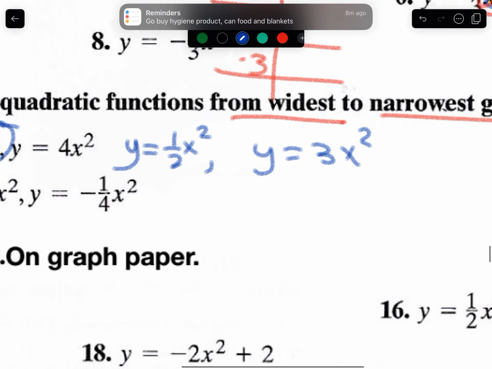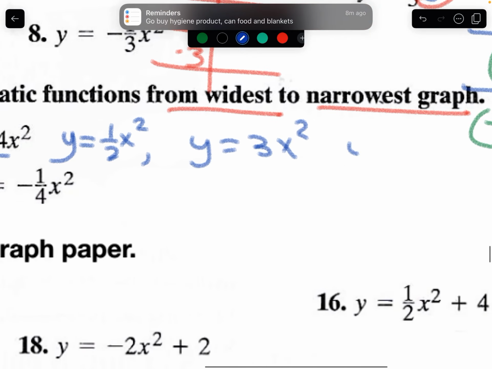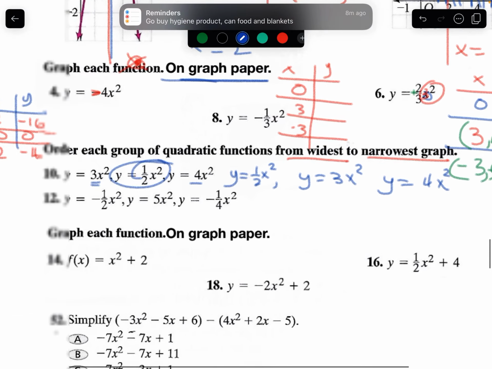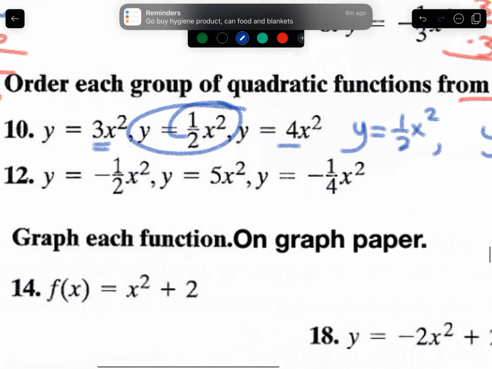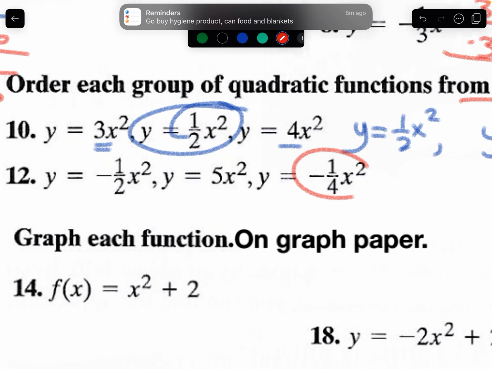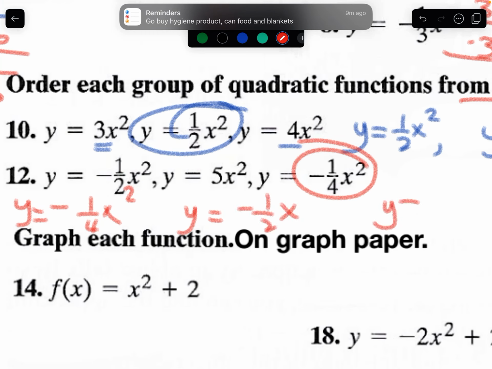And the narrowest one is y equals 4x squared. Next, the negative 1/4 is smaller than 1/2, so y equals negative 1/4 x squared, and then y equals negative 1/2 x squared. And the narrowest is y equals 5x squared, in that order.